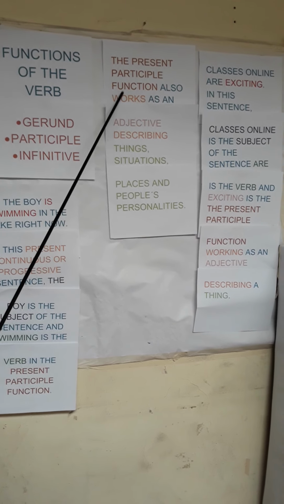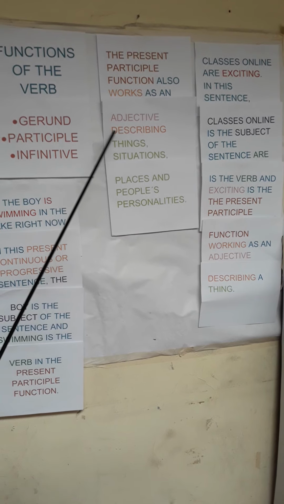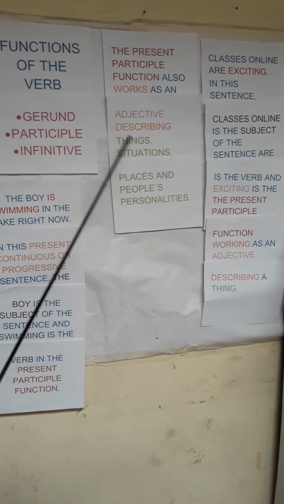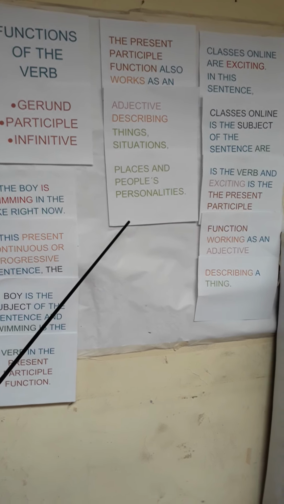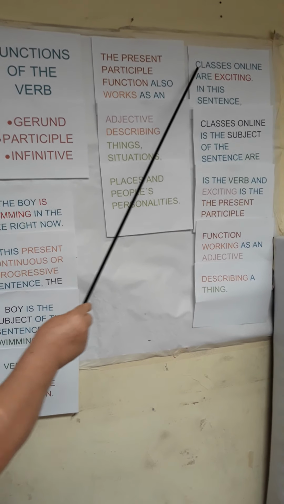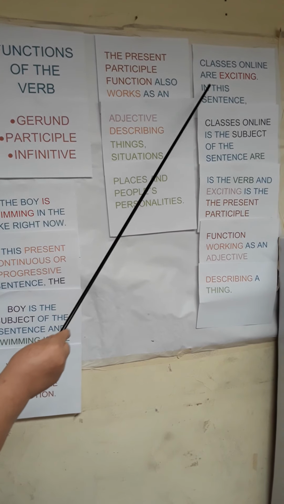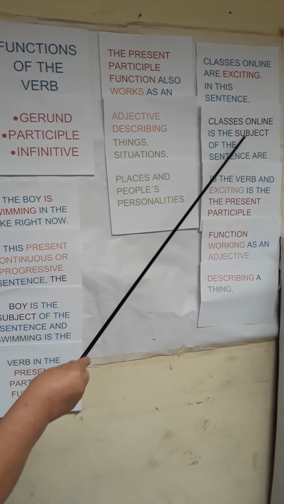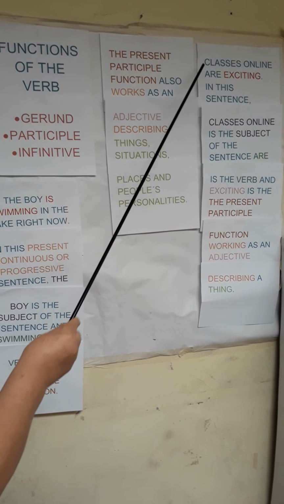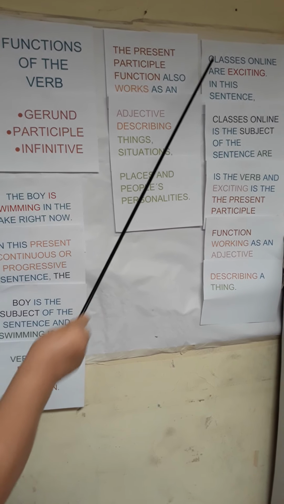Then we have the present participle function that also works as an adjective. It can describe things, situations, places, and people's personality. For example, classes online are exciting. In this sentence, classes online is the subject of the sentence. Okay? Classes online, subject, before the verb.